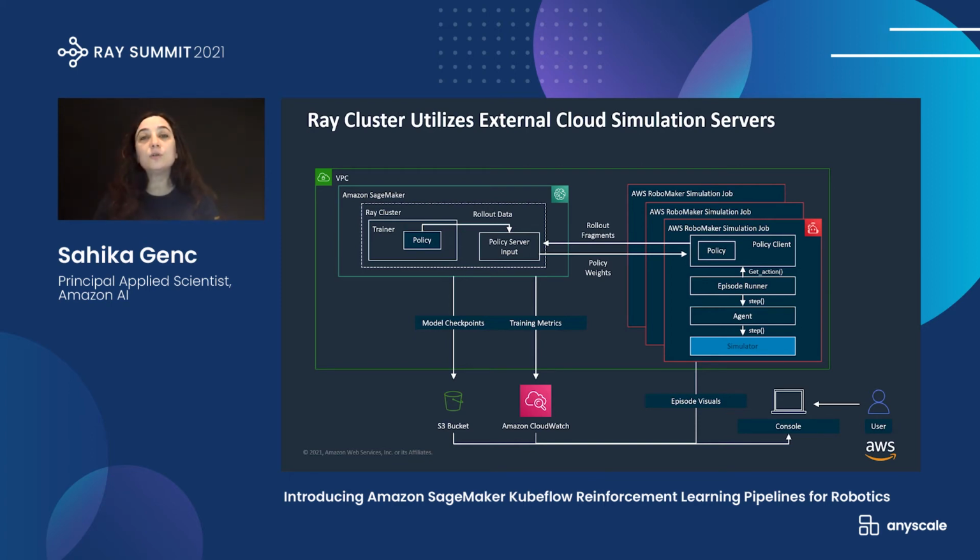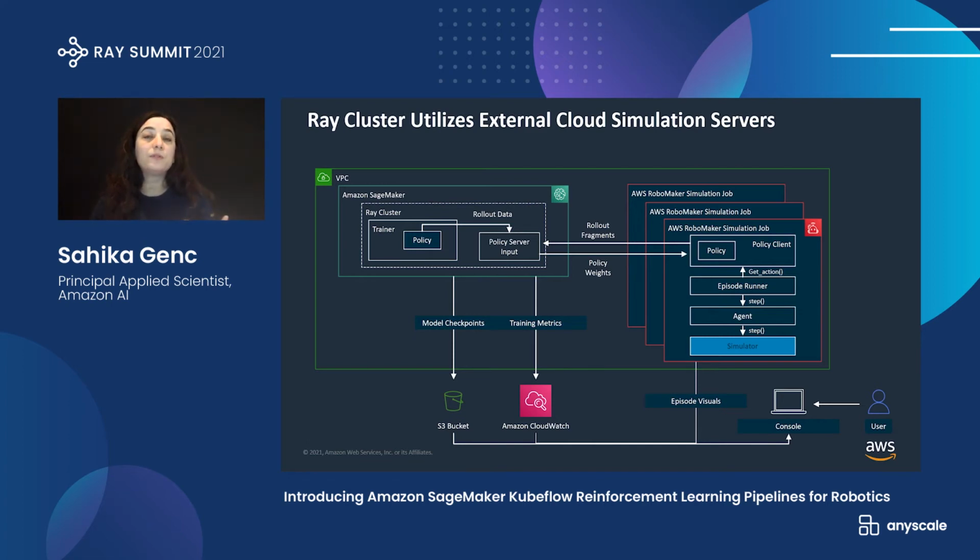And through this loop, what we are doing is that we're using Ray, and we're using two of its components, policy server input and policy client, in order to orchestrate between SageMaker and AWS RoboMaker, and we're able to train our agents using behaviors.